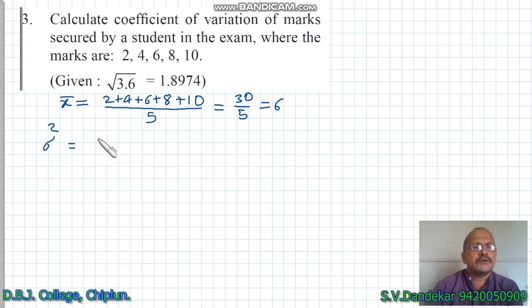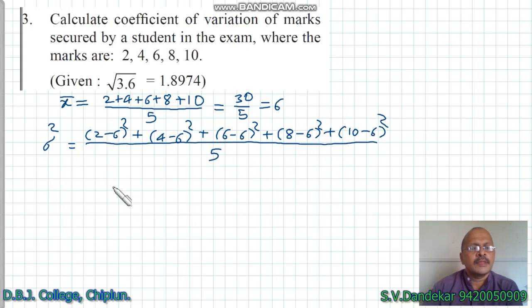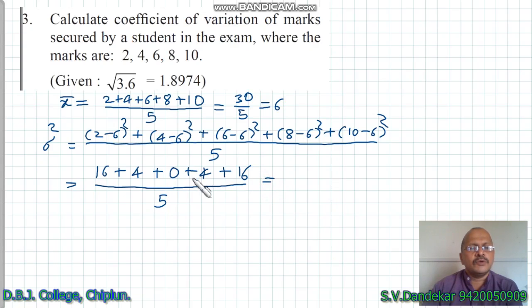Now sigma square is equal to (2 minus 6) square plus (4 minus 6) square plus (6 minus 6) square plus (8 minus 6) square plus (10 minus 6) square, divided by 5, equal to 16 plus 4 plus 0 plus 4 plus 16 divided by 5, equal to 40 by 5, equal to 8.